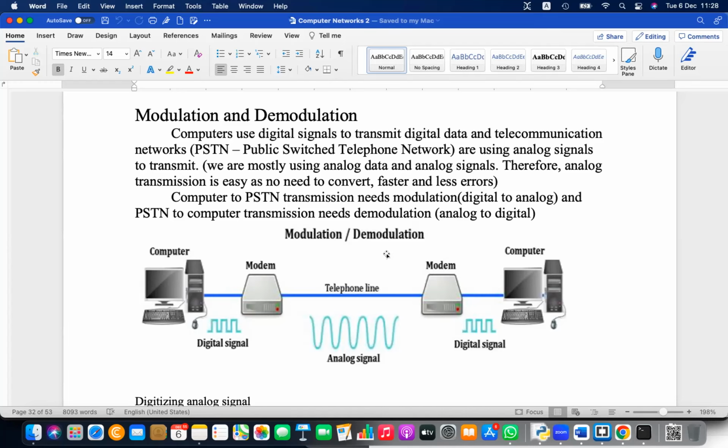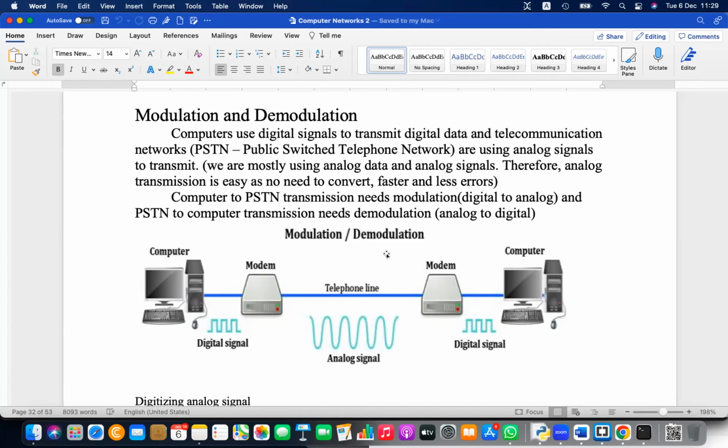But you are transmitting this to a faraway place using analog signals. What is the reason? If you try to send this data over a long distance, there will be a problem.